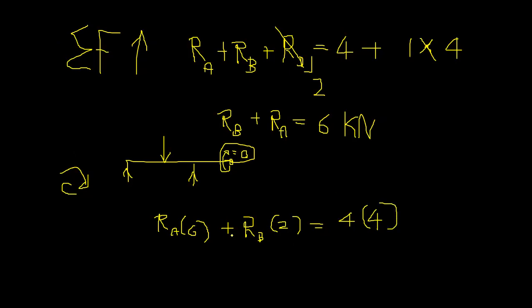So yes, 6. So you know RB is 6 minus RA. You can substitute that. So here 12 minus 2RA is equals to 8. So here it's going to be how much?